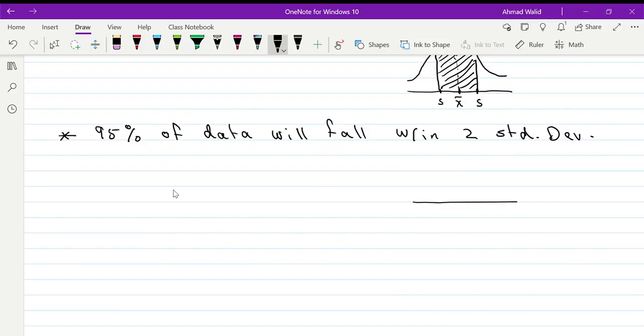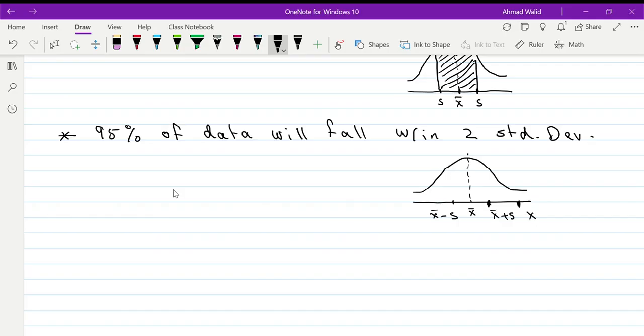in a better graph, for example, this is your normal distribution. Here is X bar, our mean, correct? Here, one standard deviation, the notation will be X bar plus S, one standard deviation away. And on this side, this one will be X bar minus S. Now, when you come to this point, two standard deviation away, correct?